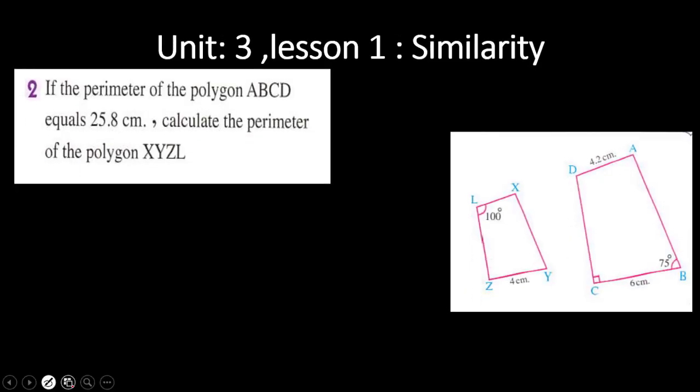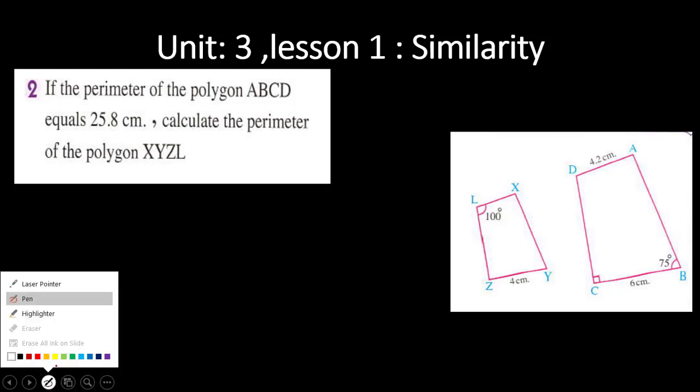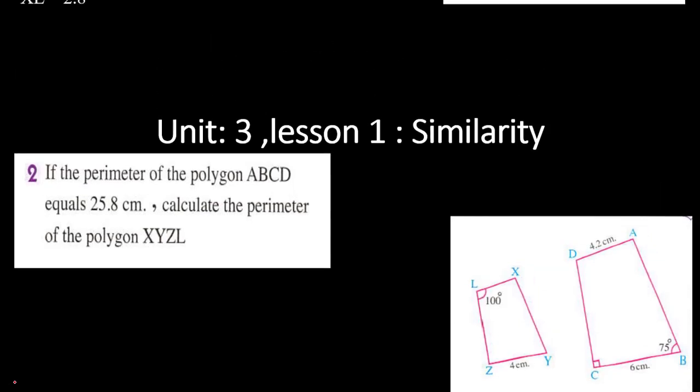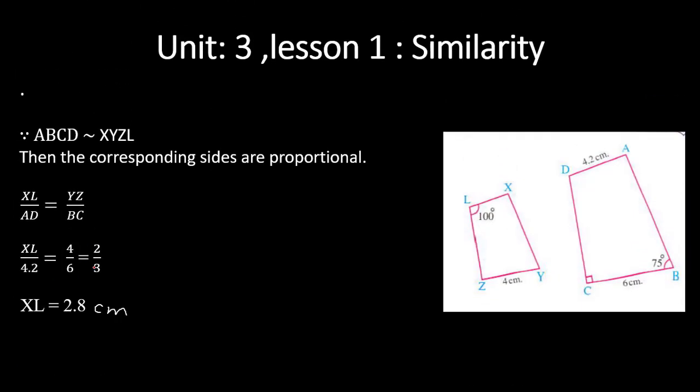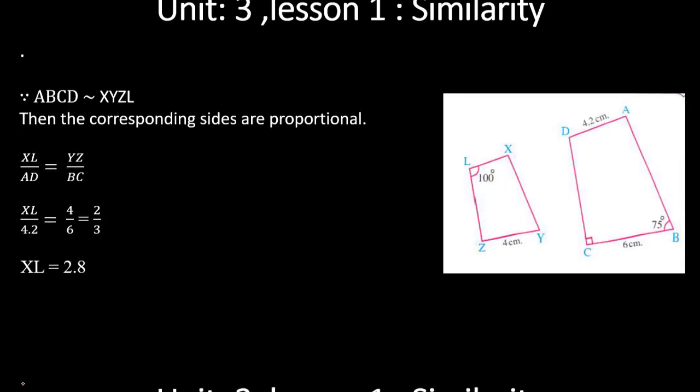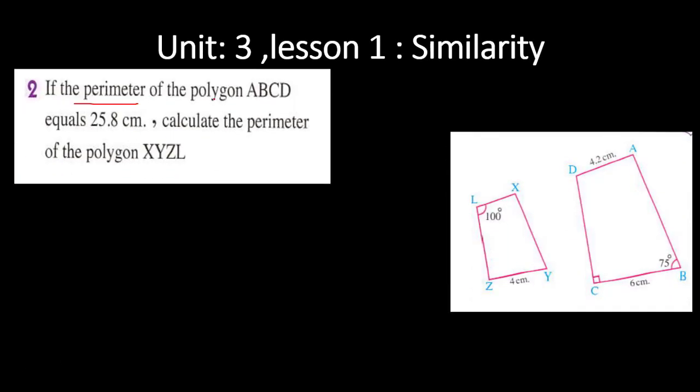Number 2. If the perimeter of the polygon ABCD equals 25.8, calculate the perimeter of the polygon XYZL. We said the ratio between perimeters equals the ratio between sides. We calculated at number 1 the ratio between sides, 2 over 3. In the same way, the ratio between perimeters will be 2 over 3.